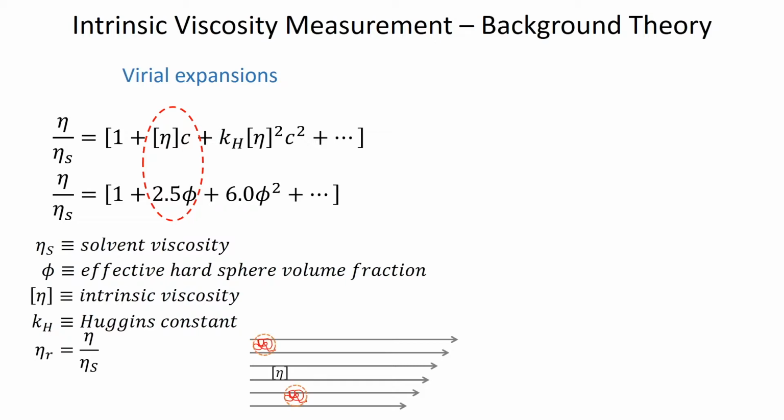So if you remember, at the lower concentrations, the molecules or effective spheres are very far separated and they're not interacting with each other, and it's really all about the individual molecule and its characteristics. So the intrinsic viscosity is this first order correction and is really telling you something about the individual molecules.